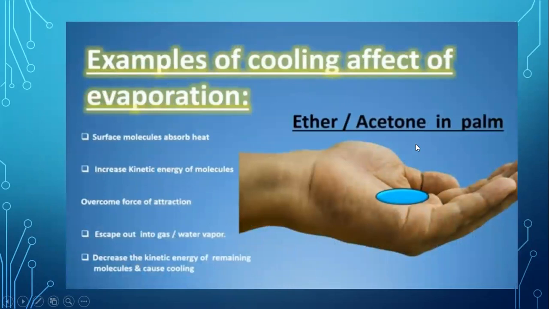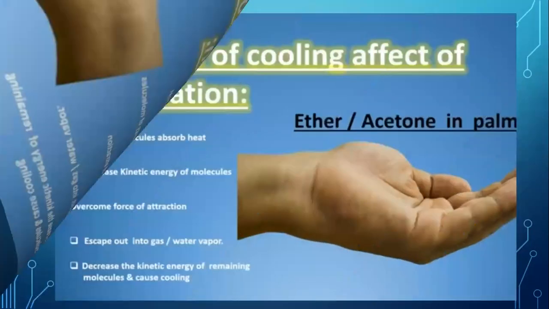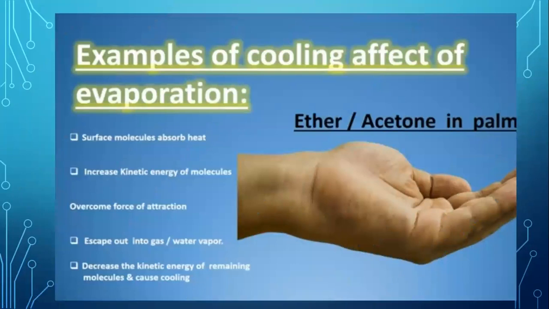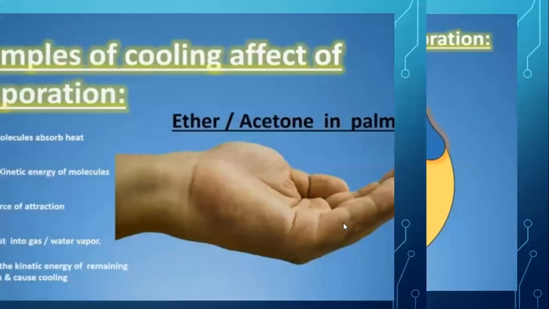We can explain the cooling effect by considering some examples. When you put ether, acetone or nail polish remover on your palm, it evaporates after some time, and after evaporation, you feel a cooling effect. What is the chemistry behind this?